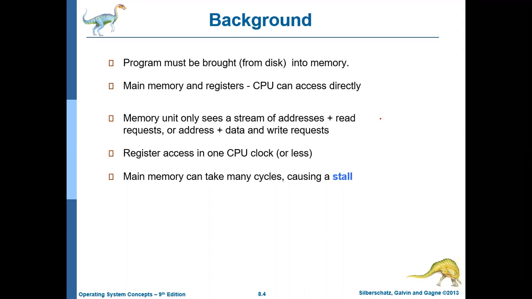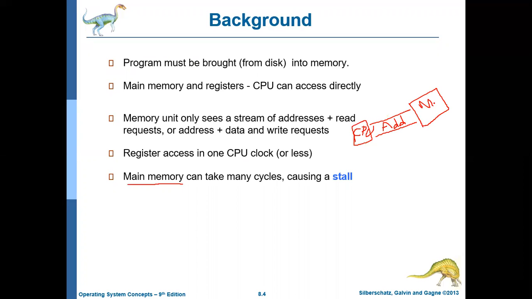But this is not the case with main memory, because the CPU can access the main memory only through buses. Buses are nothing but communication channels. There will be an address bus or data bus. Only through this bus can the CPU access the memory, so it will take some time to access the data stored in the memory.